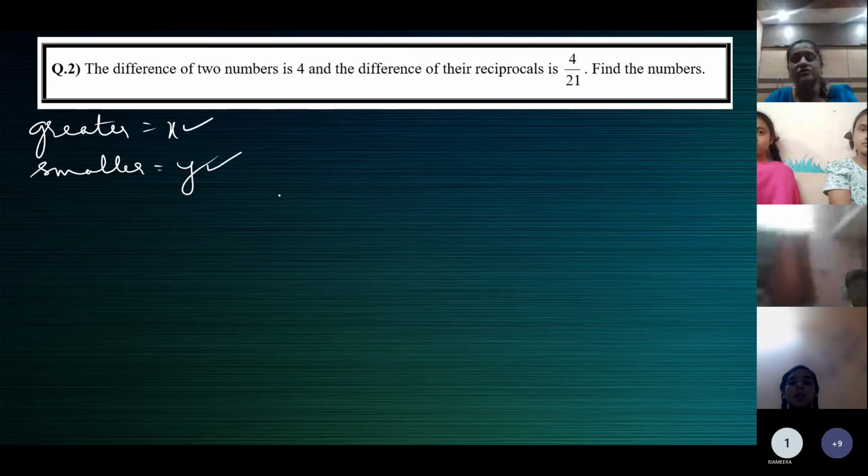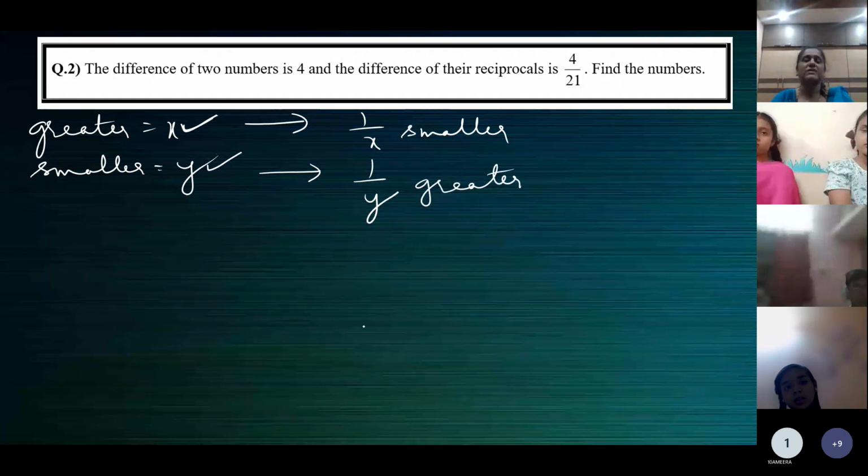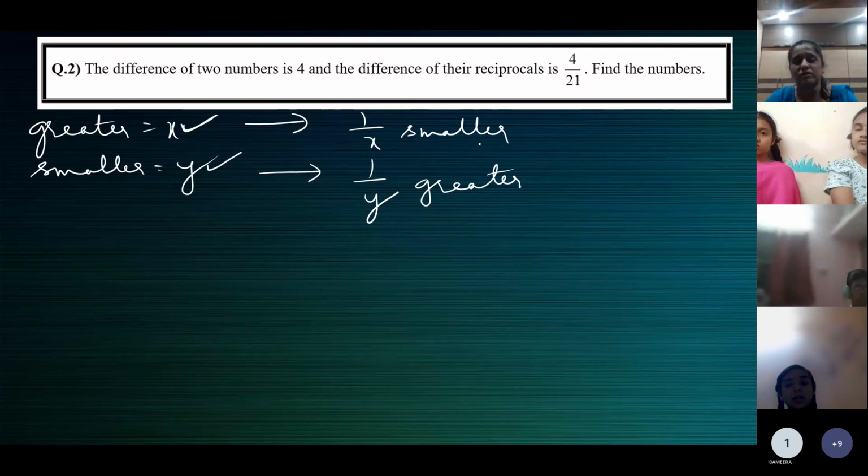All right. And the difference of the reciprocals is 4 by 21. So the reciprocal of x is 1 by x. The reciprocal of y is 1 by y. Now, x is greater, but 1 by x will be smaller than 1 by y.